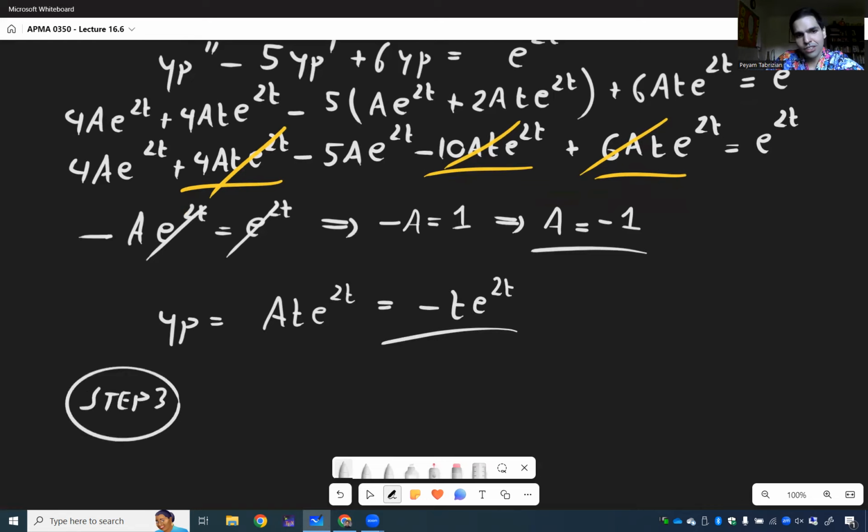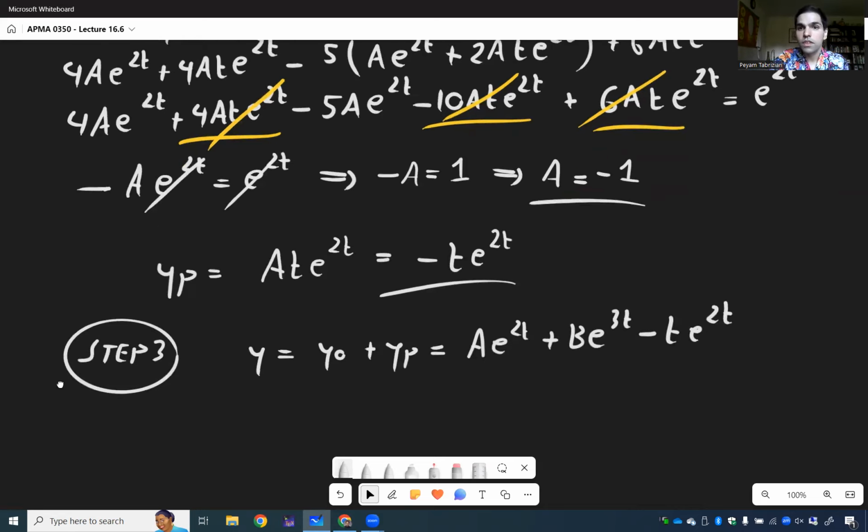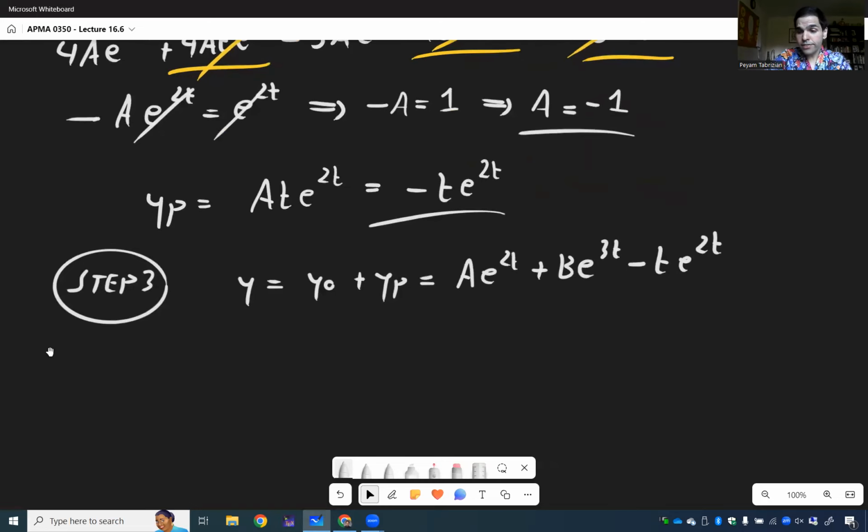And then finally, the general solution y is y0 plus yp, and that's a e to the 2t plus b e to the 3t minus t e to the 2t. So to summarize, what is resonance?